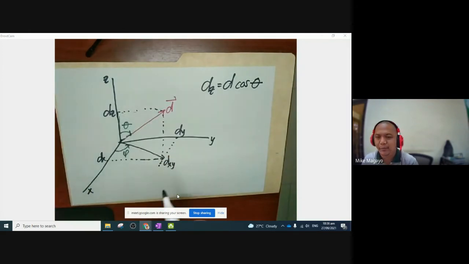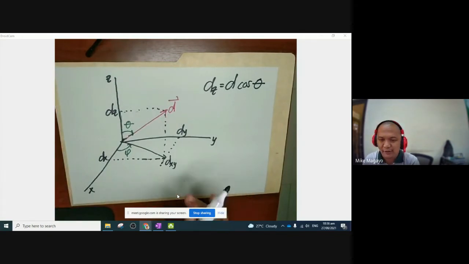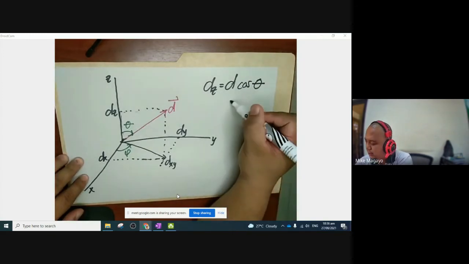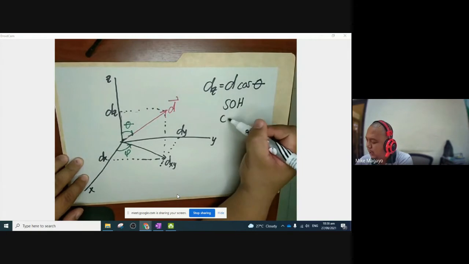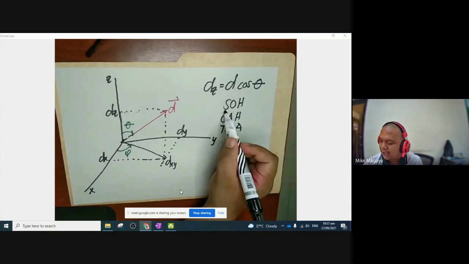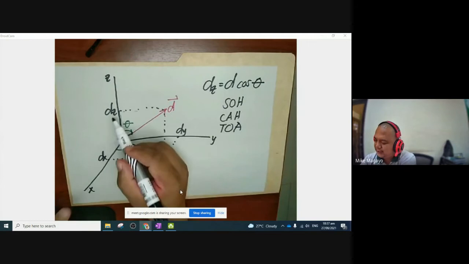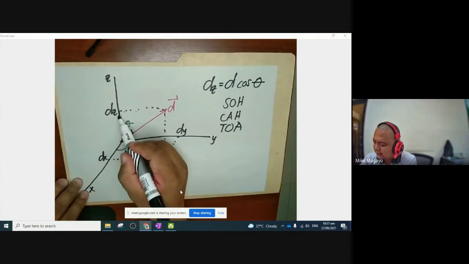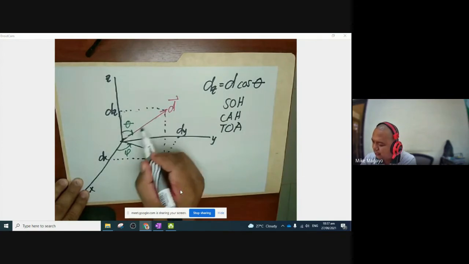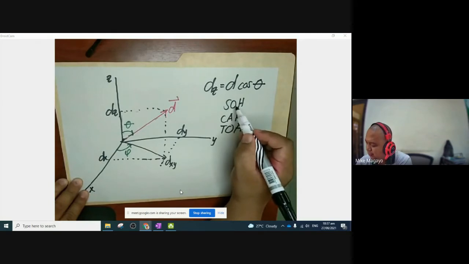If you can still remember, one mnemonic device that we use in relation to a right triangle is SOH-CAH-TOA. S for sine theta, for whatever angle, is opposite over hypotenuse. However, our concern is dz. In this case, it's the adjacent, and we have a value for the hypotenuse. So sine, as I said, is opposite over hypotenuse.